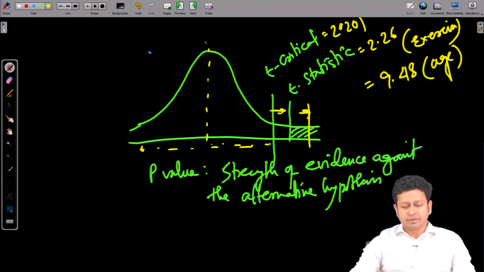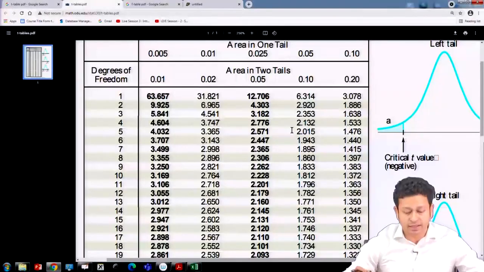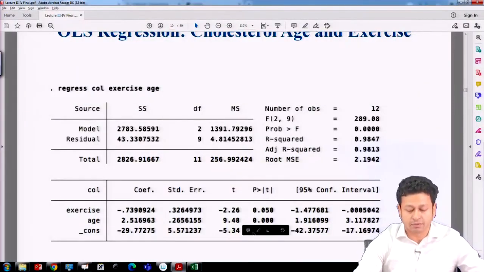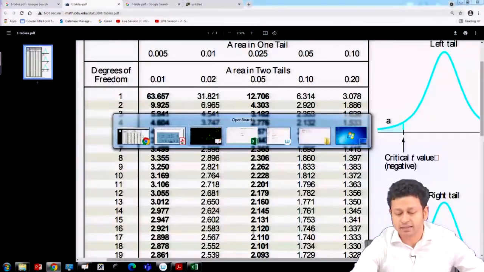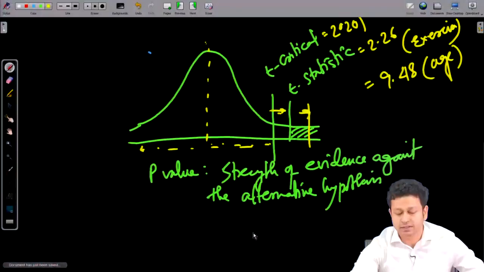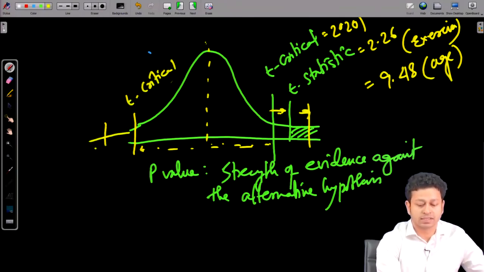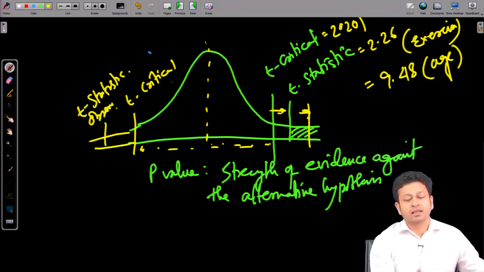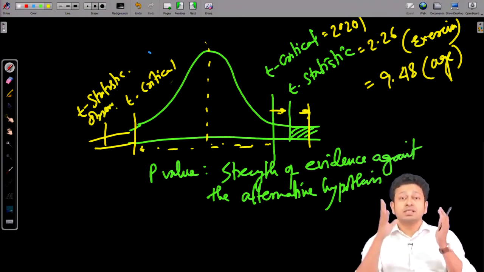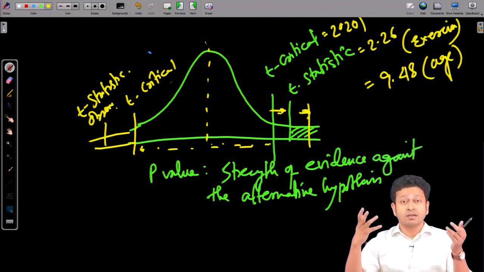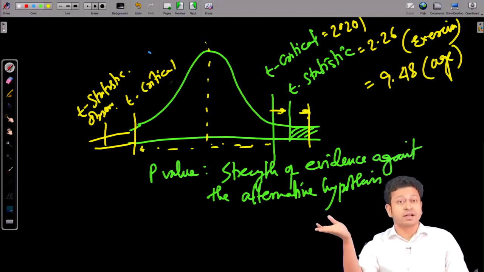Even for the constant term, your t statistic comes out to be 5.34, and it is again on the other side of the t distribution. If you have the t critical here, your observed t statistic is coming here. This is how we calculate the p-values and take a call on whether the coefficients are significant or not.